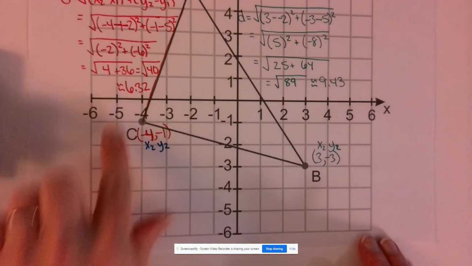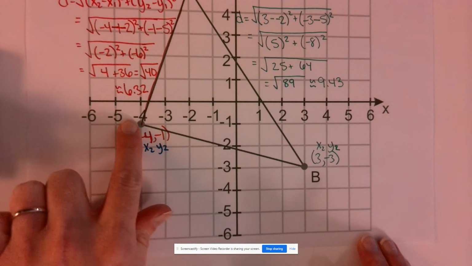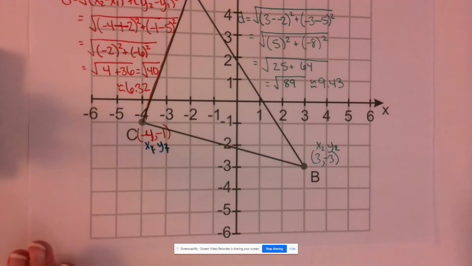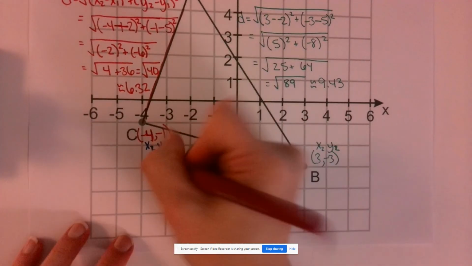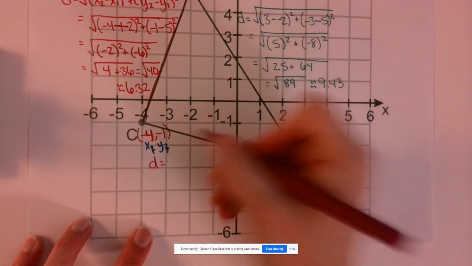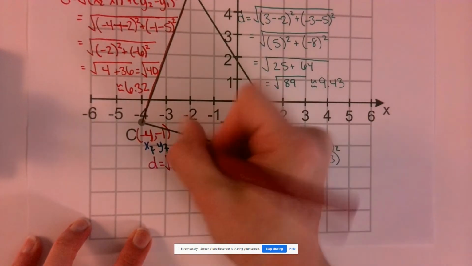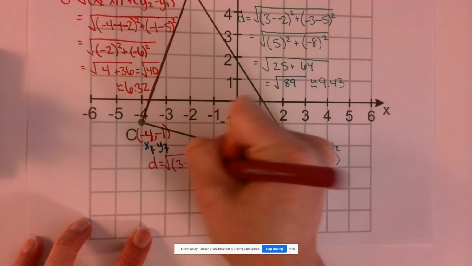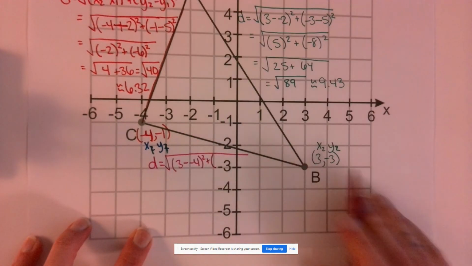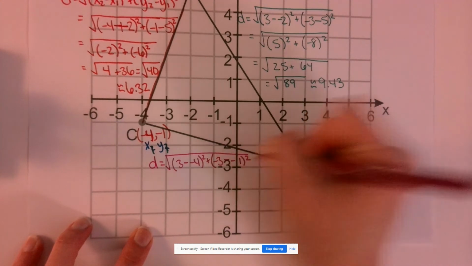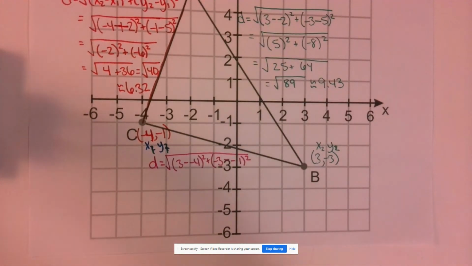And then lastly, I need to find the length of this side. I'll make this x1, y1 for the purposes of plugging it into the distance formula. x2 minus x1, y2 minus y1.